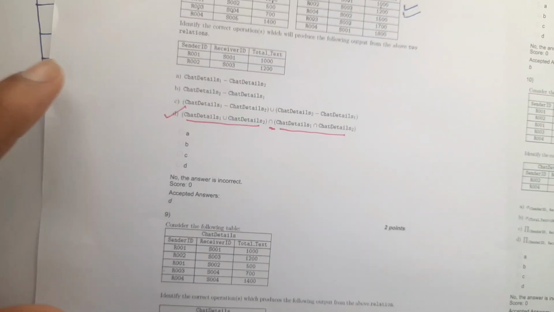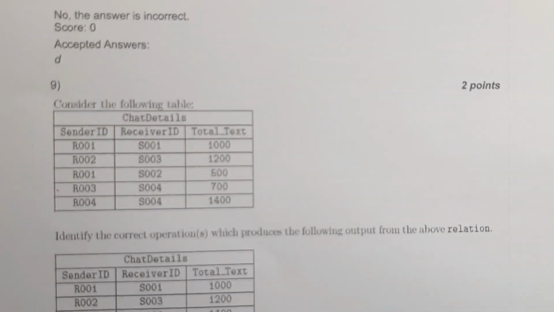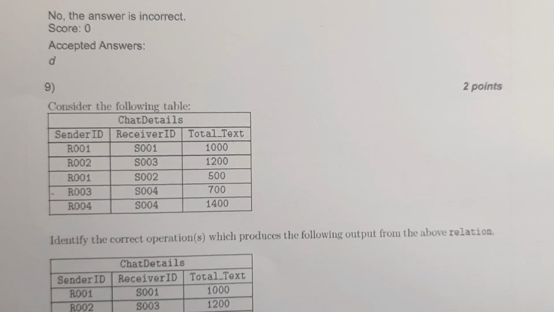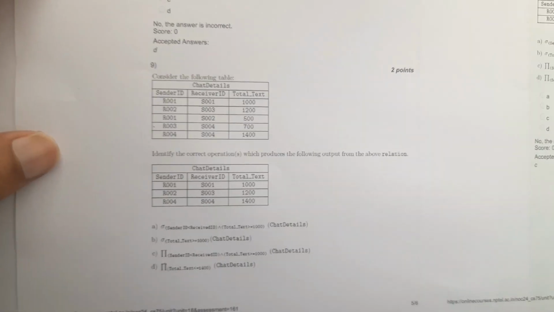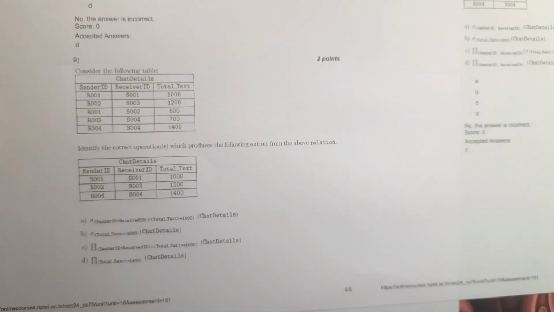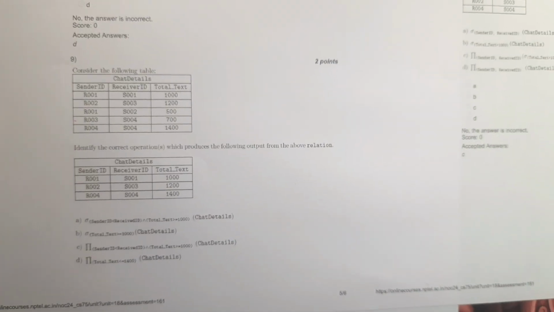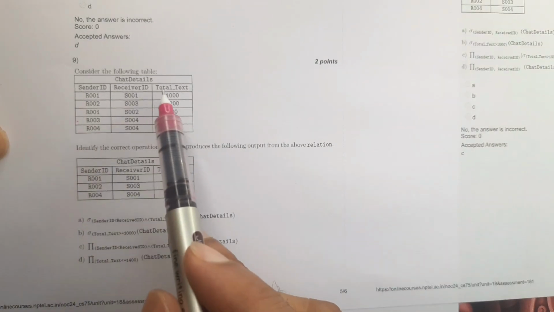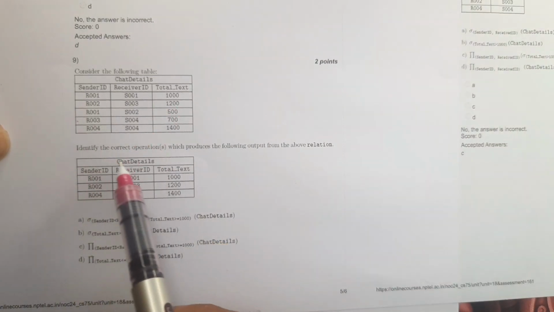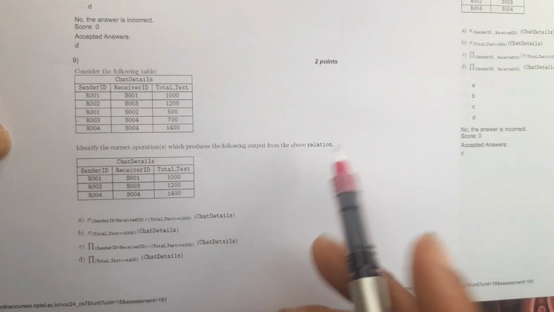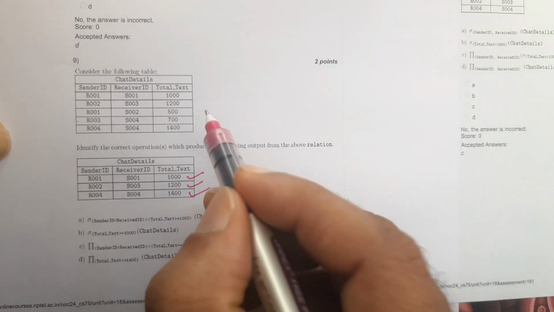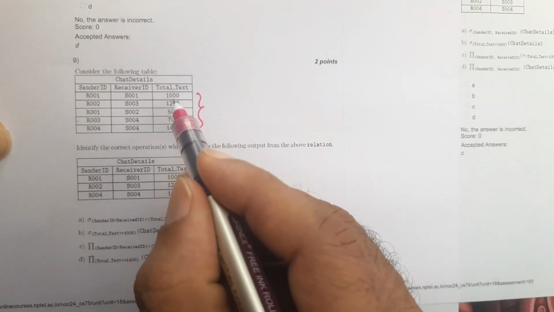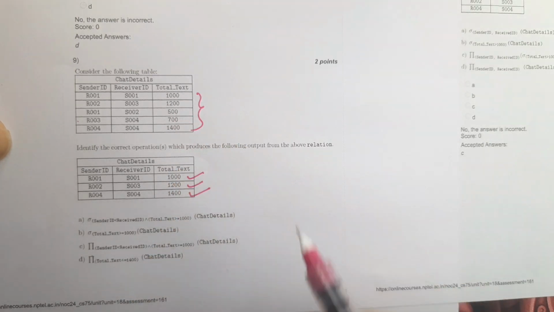Now let me move on to question number 9. What is the question they have given? Consider the following table. They have given sender ID, receiver ID, text. Identify the relation which produces the following relation. If you see here 1000, 1200, 1400, they have given 1000, 1200, 500, 700.